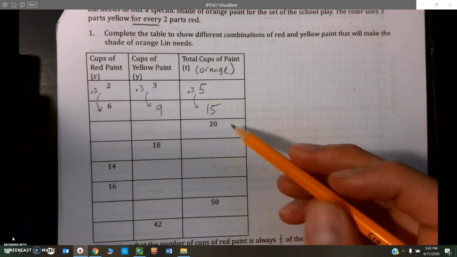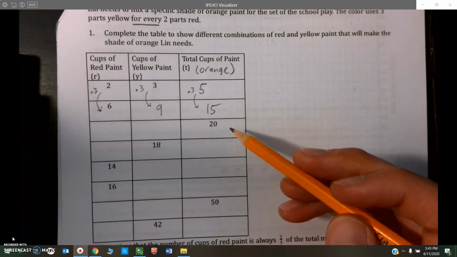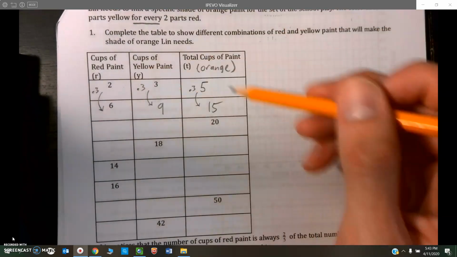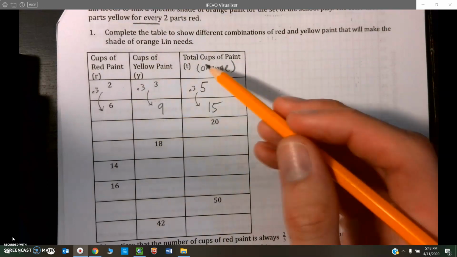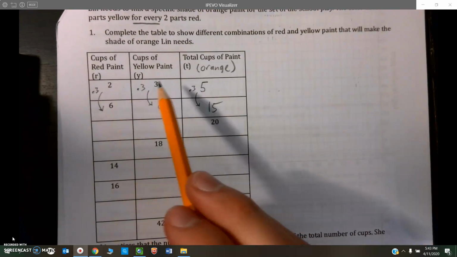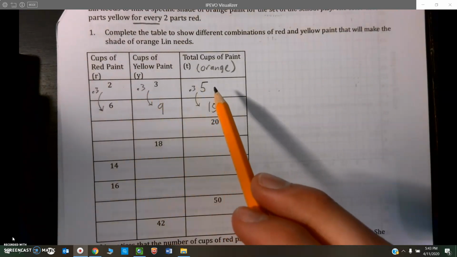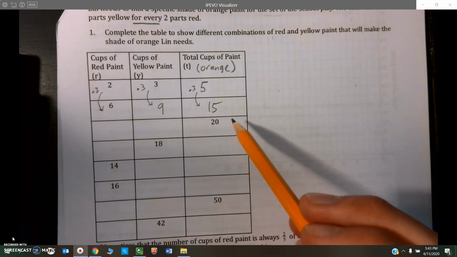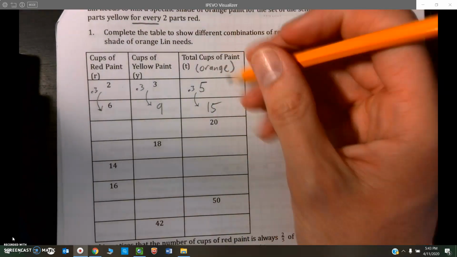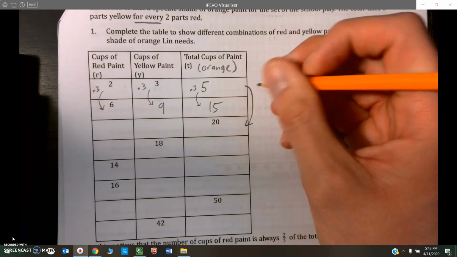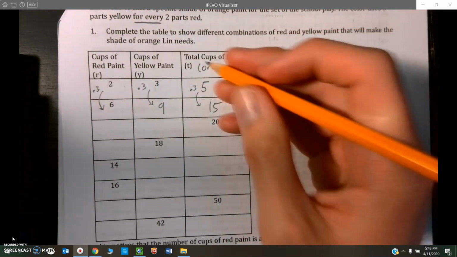Here we can see that in this situation, Lynn made 20 total cups of paint. So the only value I have in this row is of her total. So I know in that initial ratio, she only made 5 cups, but now she's making 20 cups. So 20 cups is 4 times as much as 5.